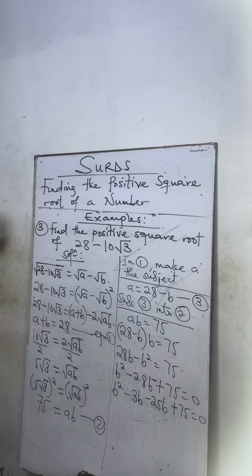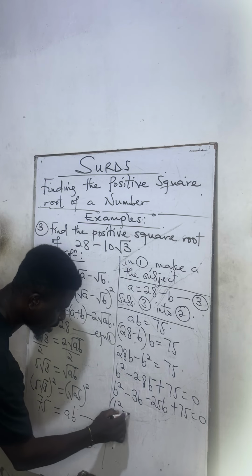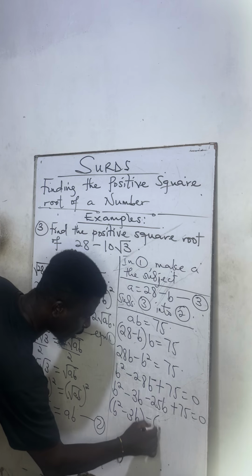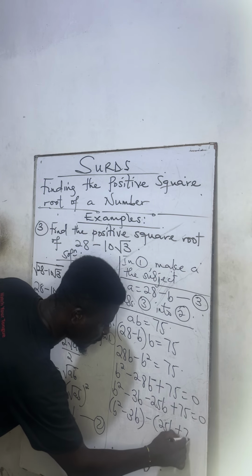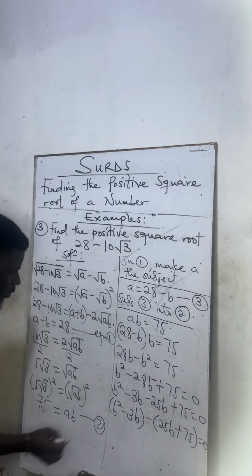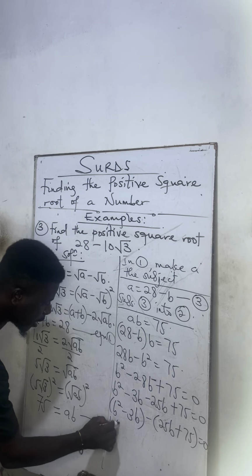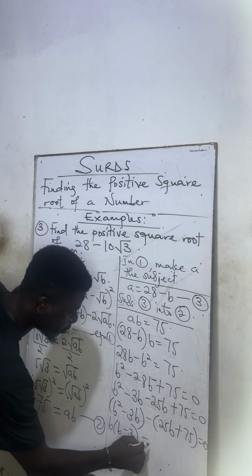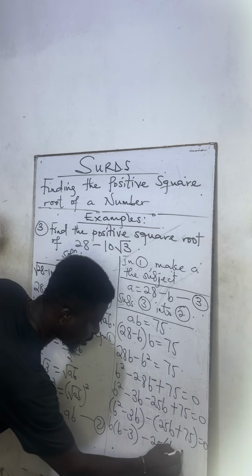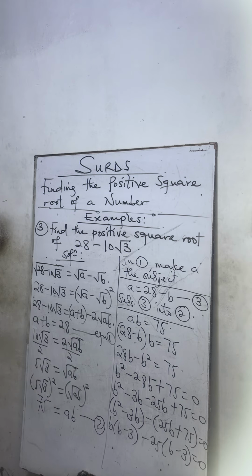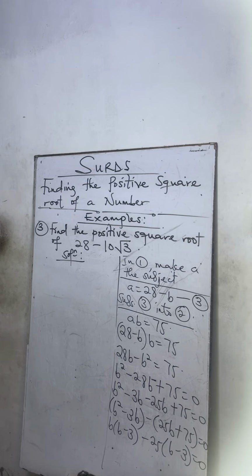Okay, so we put that in brackets. B squared minus 3B minus 25B plus 75 equals 0. Common factor B out, B minus 3, minus 25 out, B minus 3. We factorize B minus 3 out.